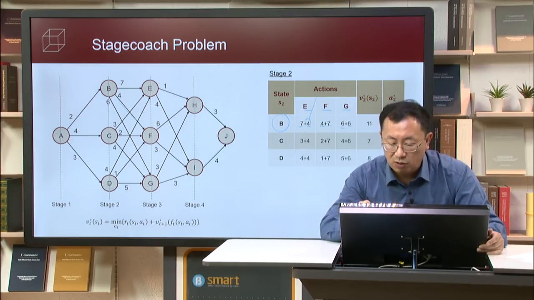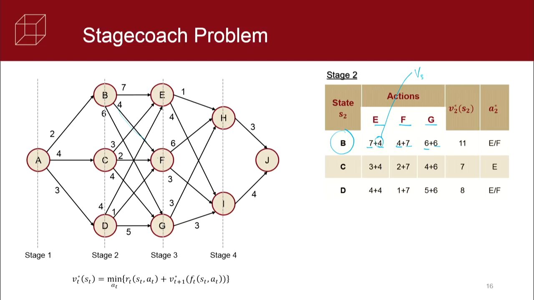So 4 represents V3 star E, 7 represents V3 star F, 6 represents V3 star G. Right? So you can calculate: this is 11, this is 11, 12.